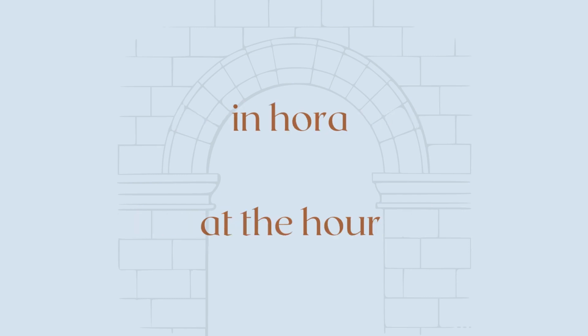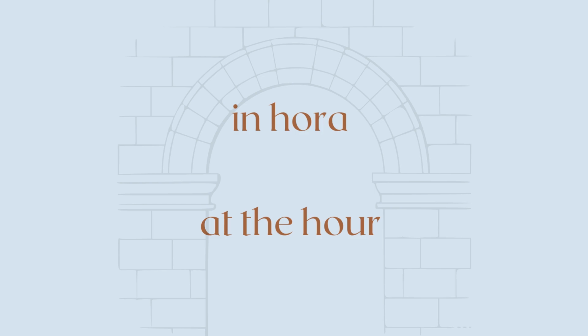In hora, at the hour. Now you can see that in is translated as at in English, and perhaps you remember that when we studied prepositions, you saw that Latin prepositions are sometimes different from the word that we would use in English. So this is an example of that.